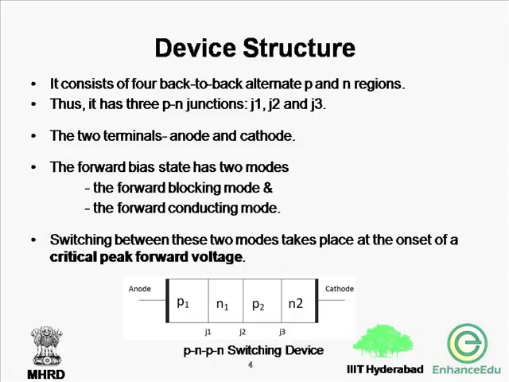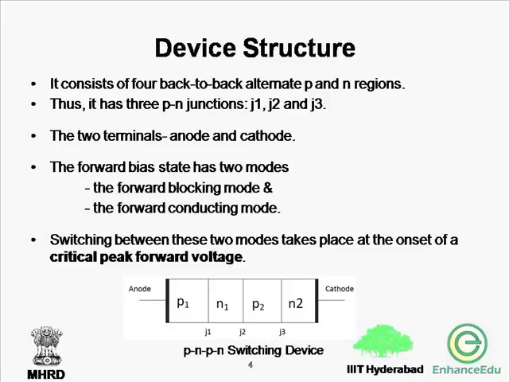So the junctions can be forward biased or reverse biased. When the anode is positive with respect to the cathode, the device is said to be forward biased, and the reverse configuration is known as reverse bias. That is, when the anode is negative with respect to the cathode, it is reverse bias.